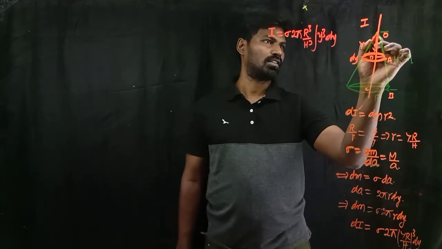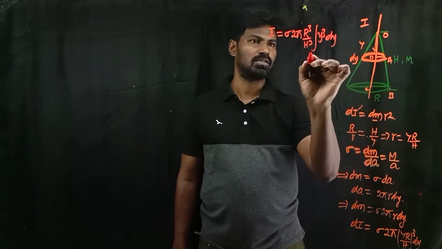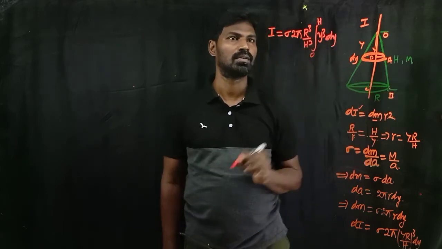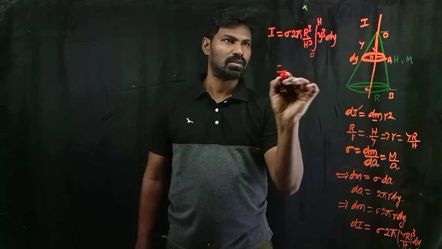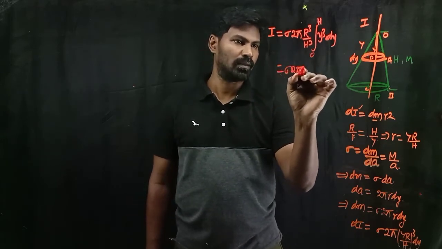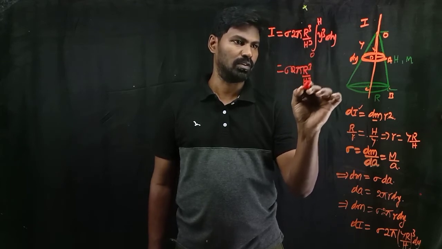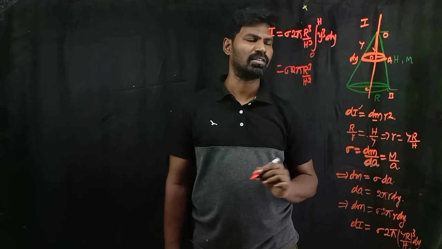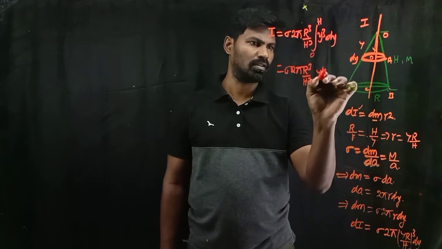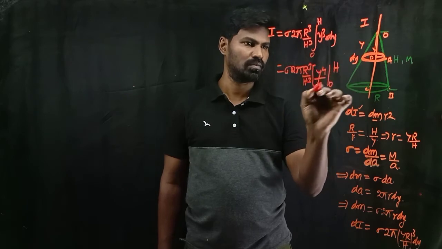At the vertex, y is equal to 0, and by the time you reach the base, y is equal to h, so 0 to h. That is equal to sigma 2 pi R cube divided by h cube into the integral of y cube, which is y power 4 divided by 4, between the limits 0 to h.